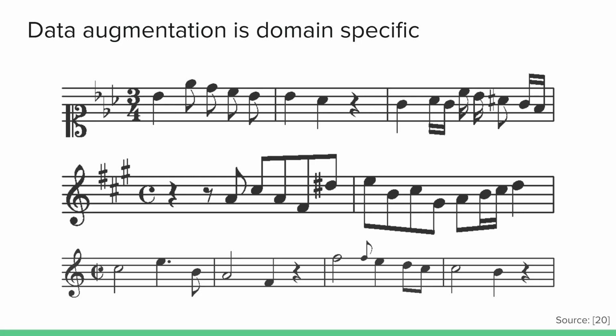You just randomly generate a sequence of notes and then you render it and you get a new piece of music. It doesn't have to sound good, it just has to look like real scores. If you can achieve that, you can generate as many samples as you want as part of your data augmentation. You just create music scores on the fly and then you can train your network to perform operations on these.